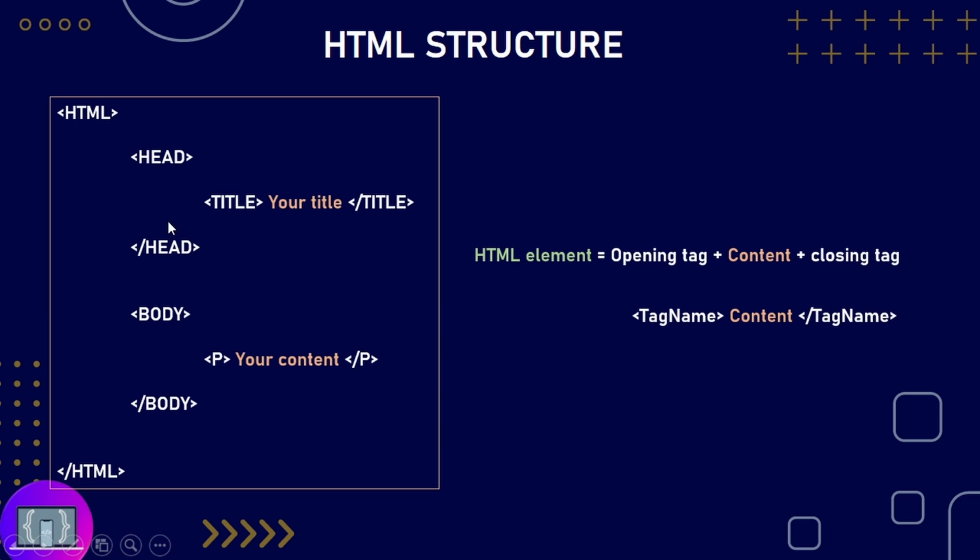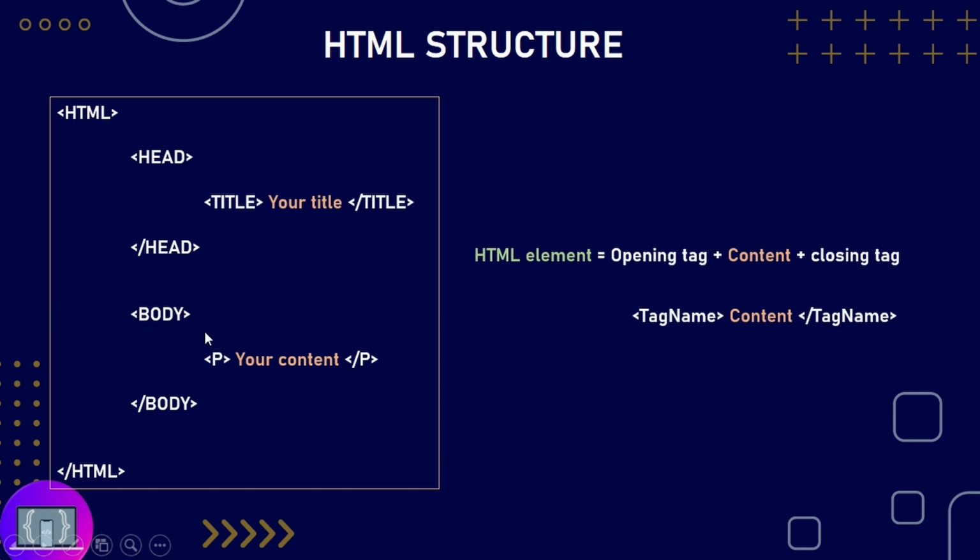The head element has its own content, which is the title element, and the title element has its own content. So if you look at all this, it's just a series of tags nested in each other. We call this pattern a nested pattern. You have the HTML, the head inside HTML, and the title inside the head. The body will have the paragraph, also with some content in it. So this is just the general structure of HTML.